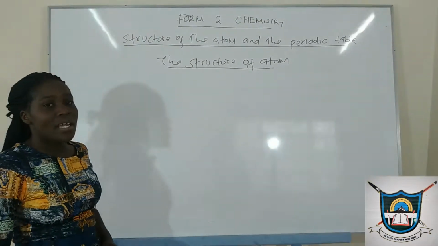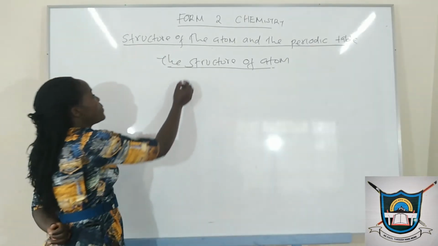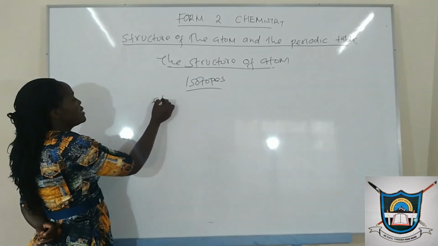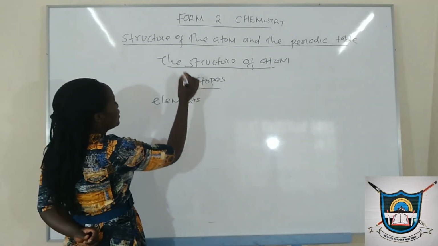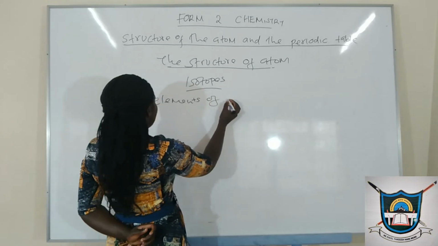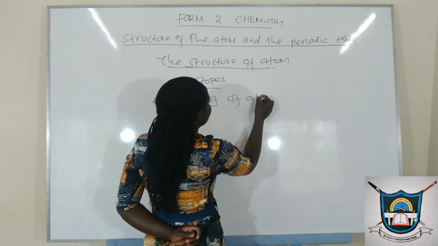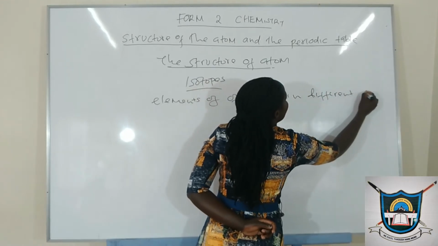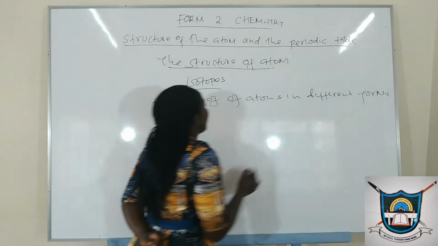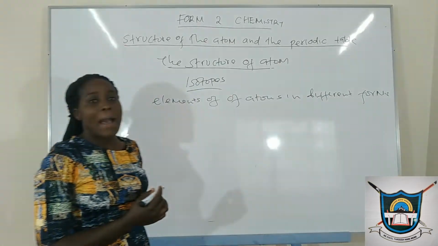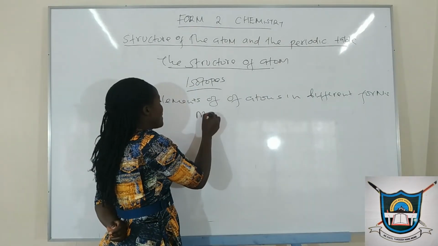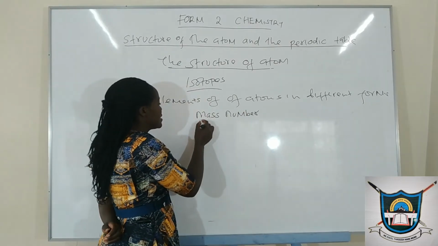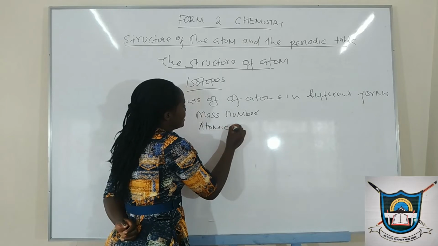So next, I want to talk about isotopes, elements of atoms in different forms. Here we have to talk about mass number and atomic number.